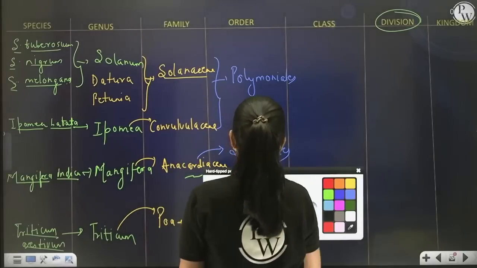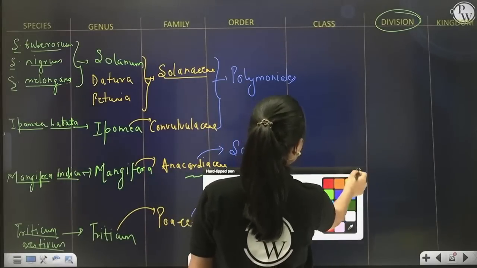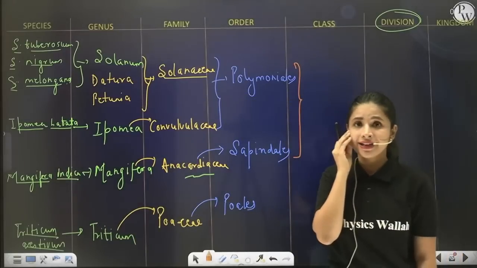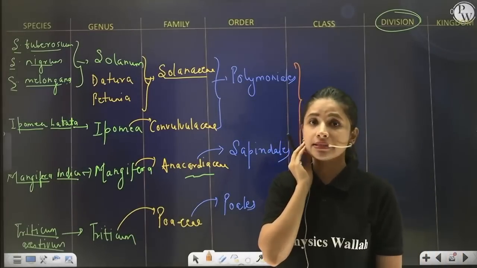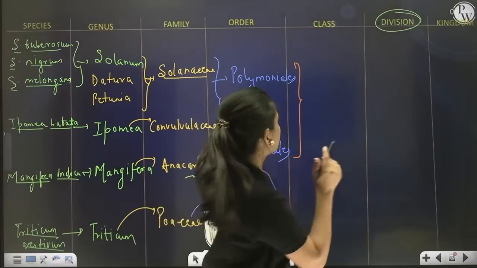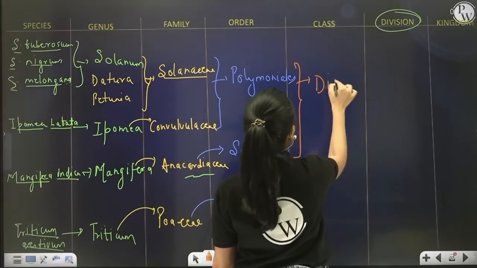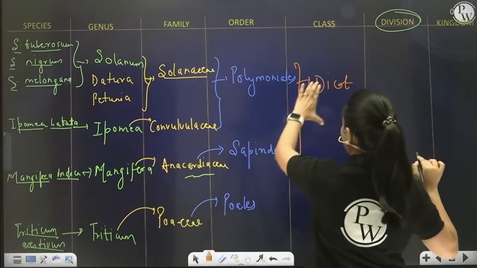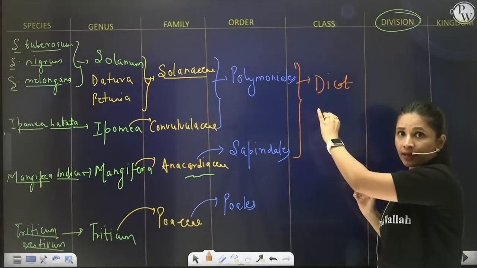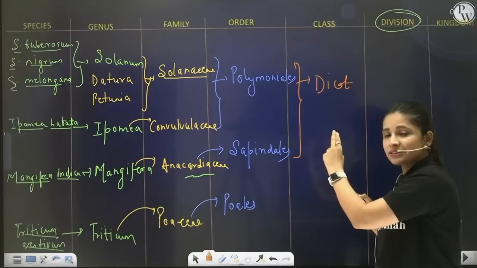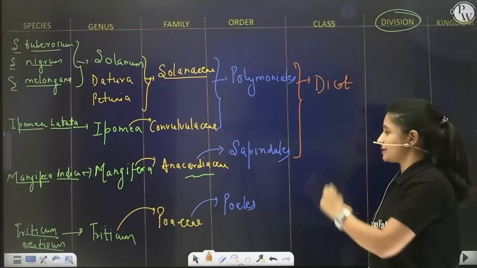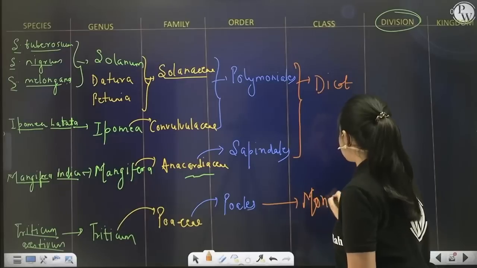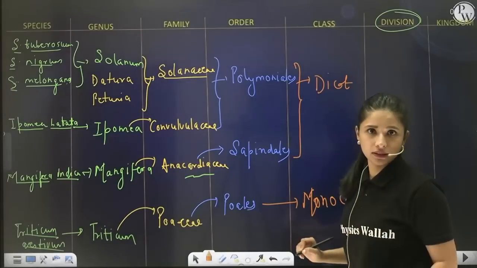Correct? Now my dear lovely students, Polemoniales and Sapindales belong to the same class, that is dicotyledonae, as their seeds produce 2 cotyledons. So they belong to the same class, dicot. Can you see that we are merging different species? We started from different species. Now can you see we have merged into the same class, dicot. Why? Because as you go up in the series, the similarity among organisms decreases. Whereas Poales belong to class monocotyledonae, as their seeds produce only 1 cotyledon.